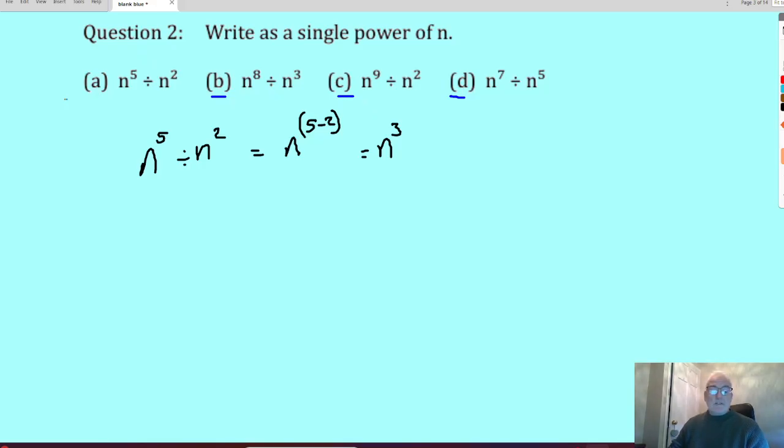Okay, so let's see how we got on. n to the power of 8 divided by n to the power of 3 equals n to the power of 8 subtract 3, which gives me n to the power of 5.